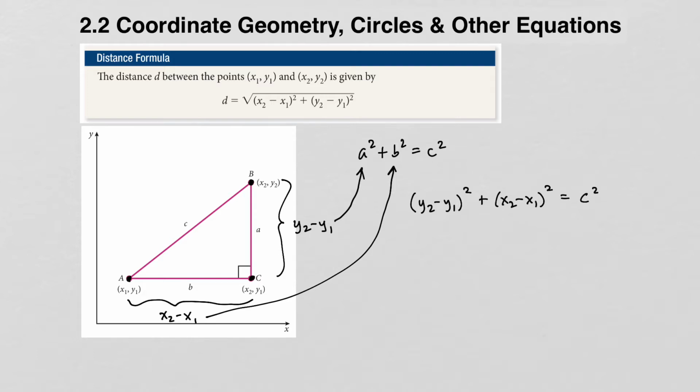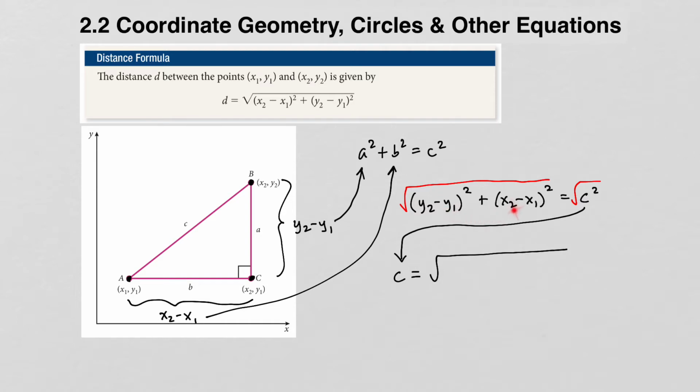Now keep in mind that c is the distance between the 2 points, so c is what we're actually trying to solve for. And so to solve for c, I'm going to simply take the square root of both sides. Now the square root of c squared, if I bring that over to the left side, that's going to be c.